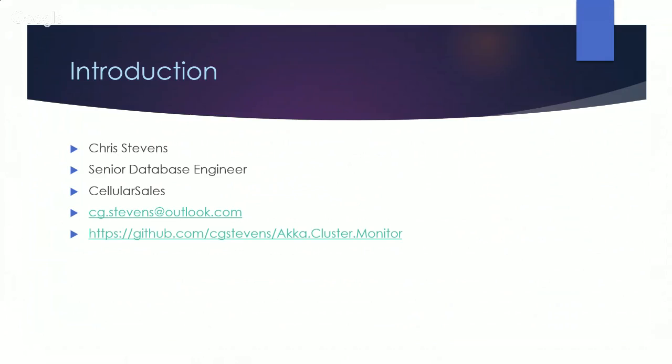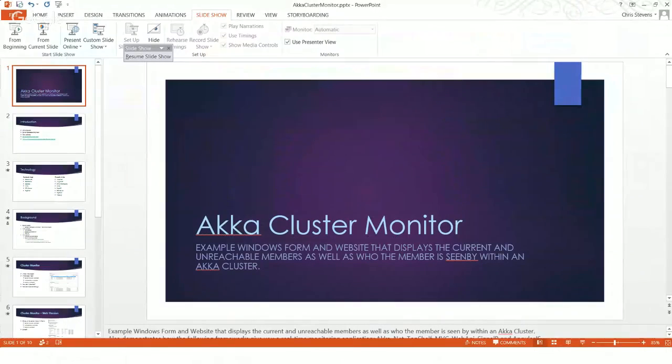All right, next question from Bart. How does that work for the web API roles that need the HTTP front end to be exposed? Do you rely on the firewall in front of it? I'm assuming he's referring to web API roles in general, not specifically the cluster monitoring web API.